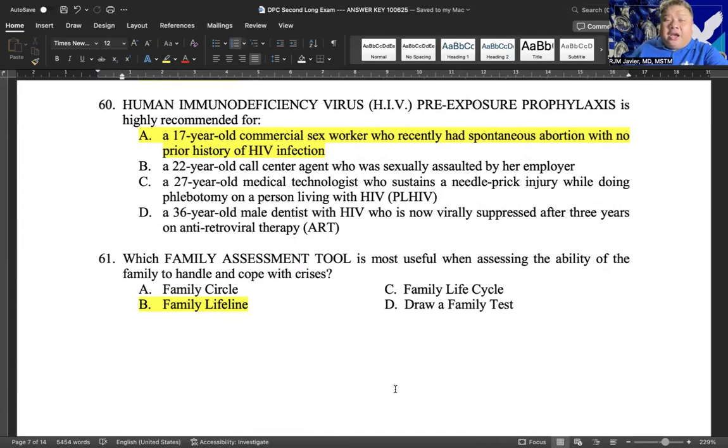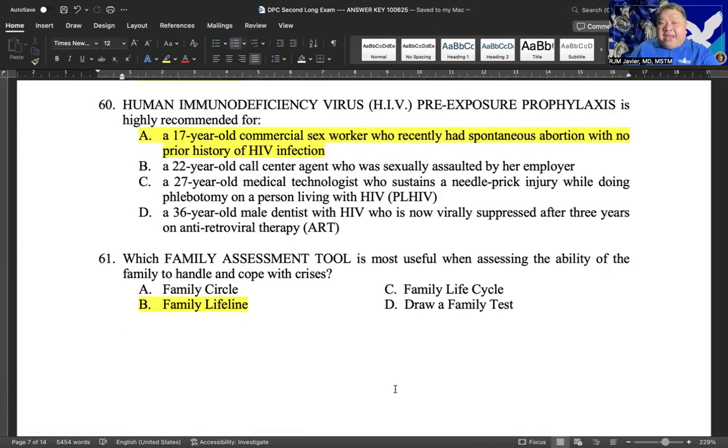If you read the options, option letter B and option letter C, this is where your post-exposure prophylaxis will come into play. We reserve post-exposure prophylaxis for victims of sexual assault or for healthcare professionals who sustain needle prick injuries.